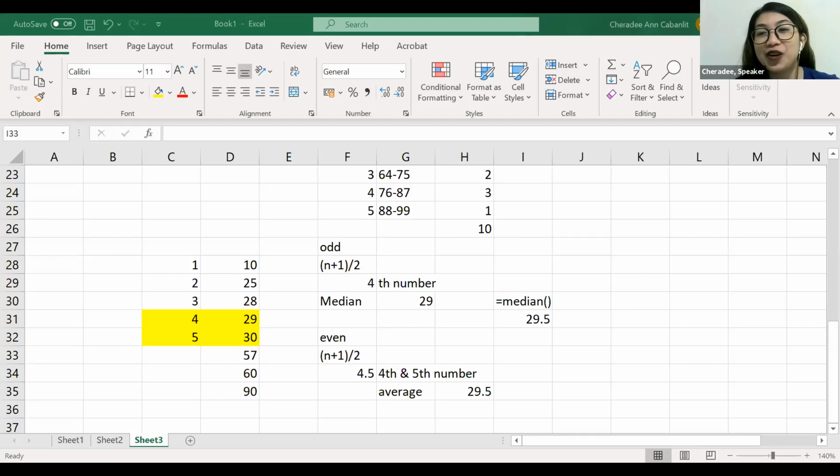But right now, since we're in a pandemic, I think you're allowed to use Excel because it's on Moodle. But I think you're only given about 10 numbers. It will not be too much. So don't worry.